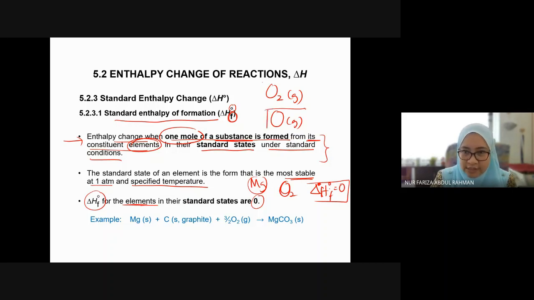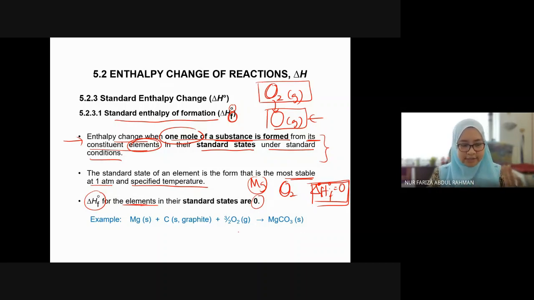If this exists, that means dia requires energy to transform from O2 to oxygen atom only. That's why naturally oxygen present in O2. And then simple gases, normally pun sama, delta H for the formation of the gas is equal to 0. The formation requires no energy at all ataupun release energy.